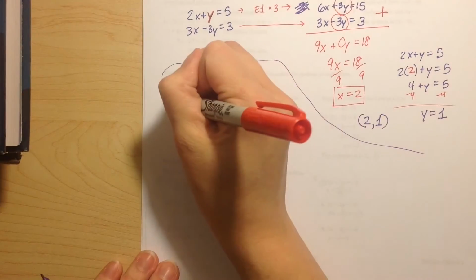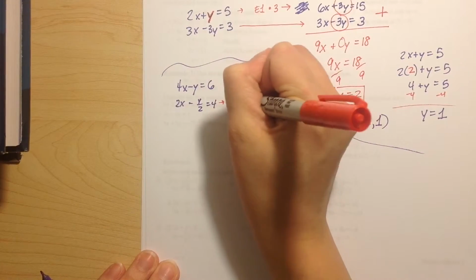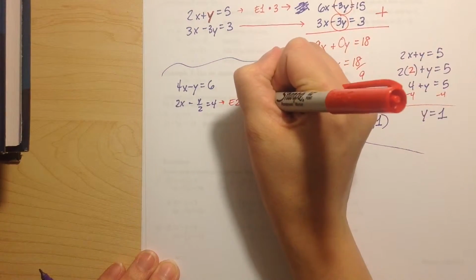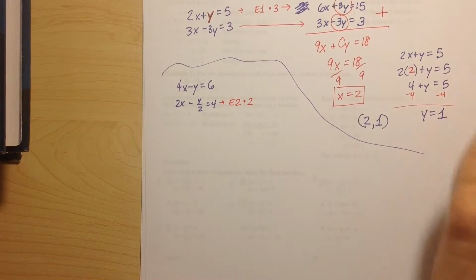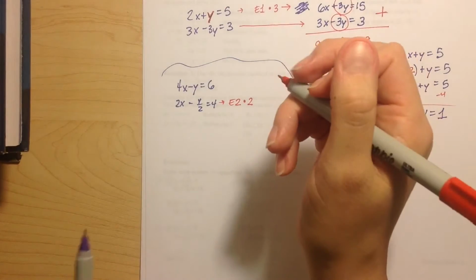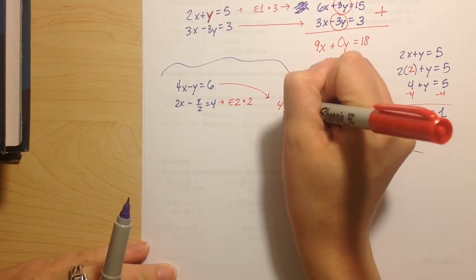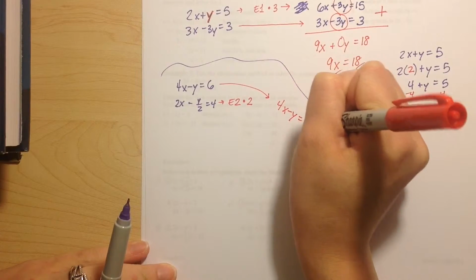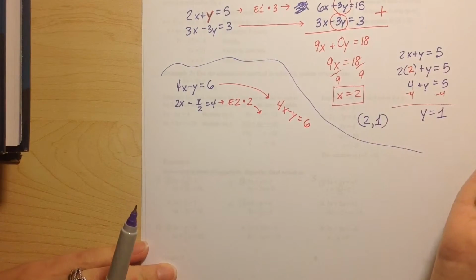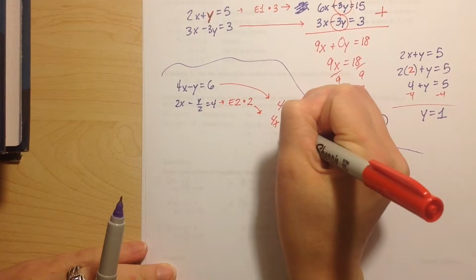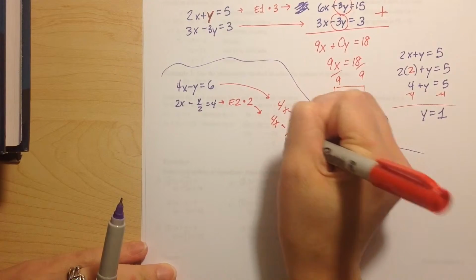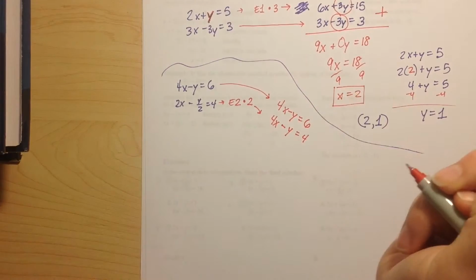So let me take equation 2 and multiply it by 2. Again, that's my little notation that I use. When I do that, my top equation stays the same. I get 4x minus y equals 6. My new equation is 4x minus y equals 4.